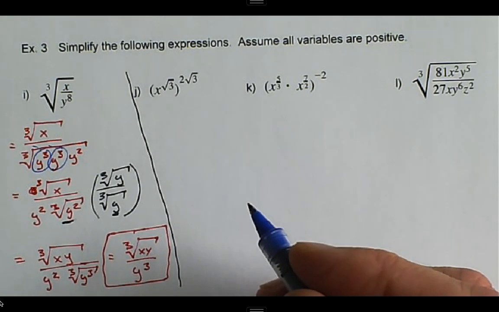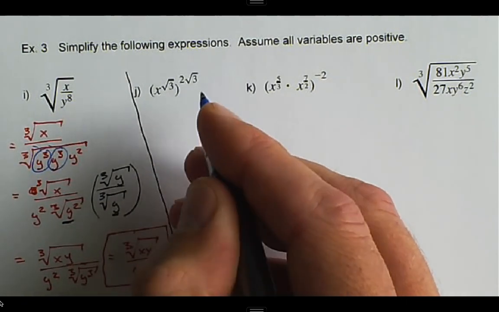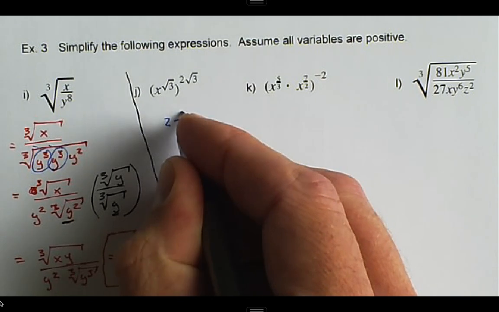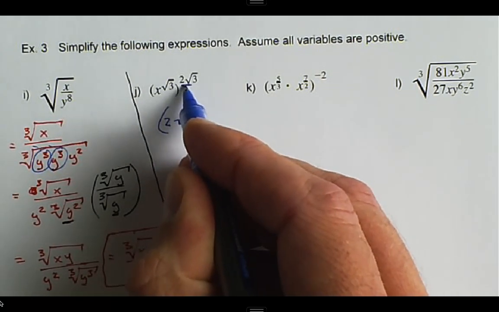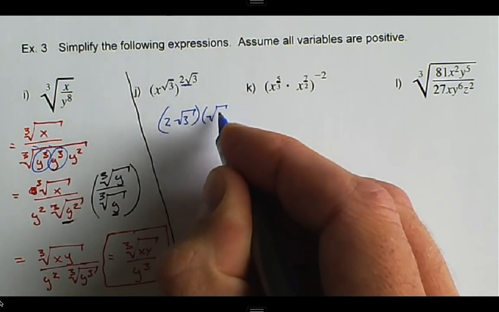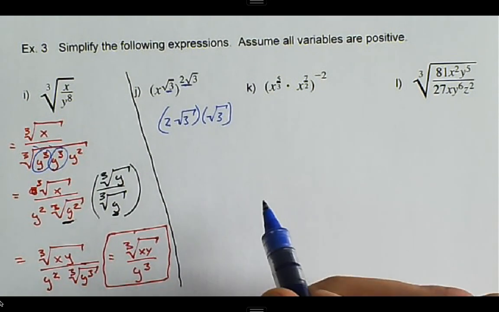So what the exponent says is we can multiply these two things together. So 2 times the square root of 3, and that is going to be multiplied by the square root of 3. And that's where we got that from. So we can multiply this together.